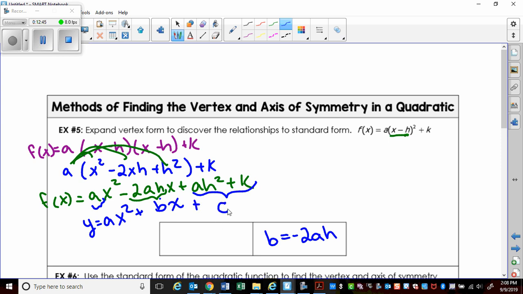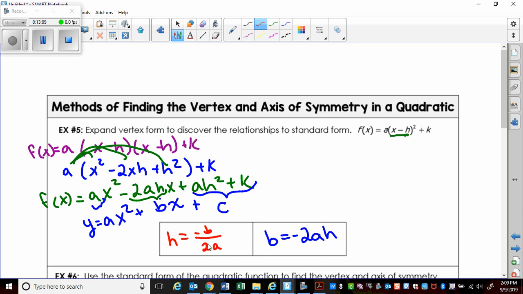So my h, when we are trying to find, remember we want our h and your k to put it into vertex form. I can solve for h here by saying this is negative b divided by 2a. Just solve for h.